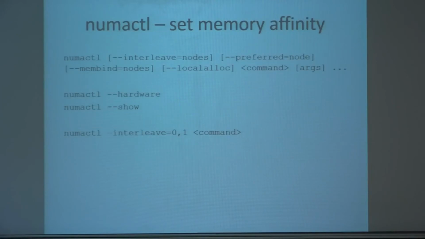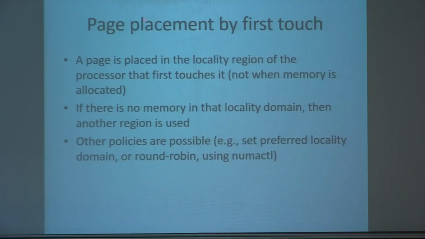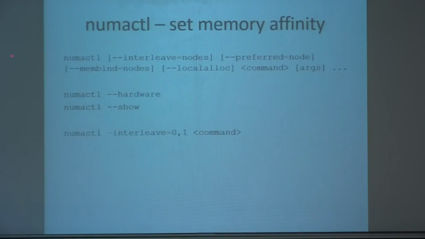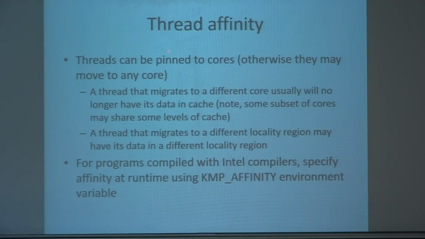Okay, so you can set how pages are placed using this memory control, NUMA control function, as well as just see what it looks like. And thread affinity is that you want threads to be locked or pinned to cores.